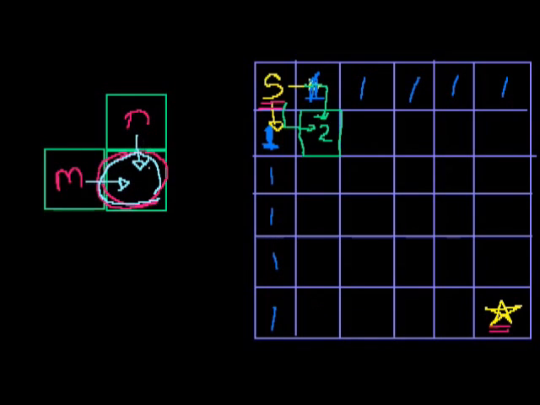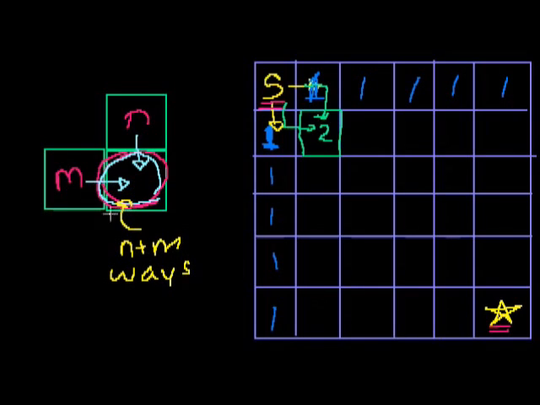Well, there's n ways you could have gotten to the first cell, so there's n total ways that you could get to that cell and then go to this cell. And then there's m ways that you could get to the other cell and then go to this cell, right? So this cell, or this box, I keep using the word cell, maybe because my brain is fixated on Excel, there are n plus m ways to get to it.